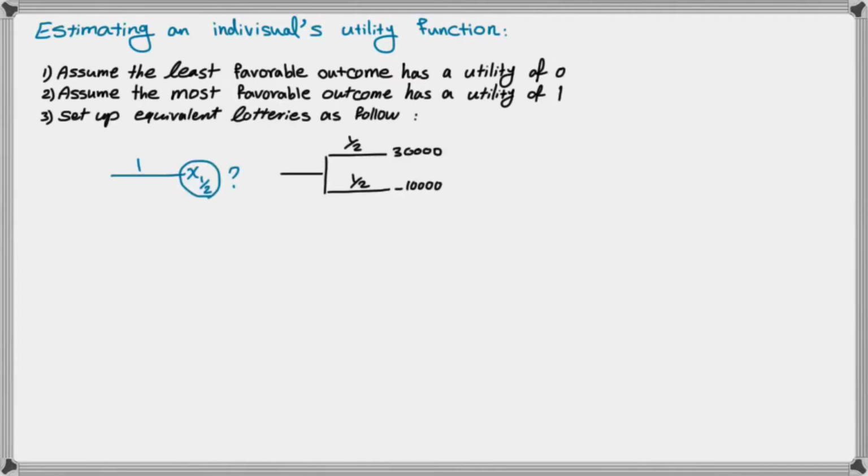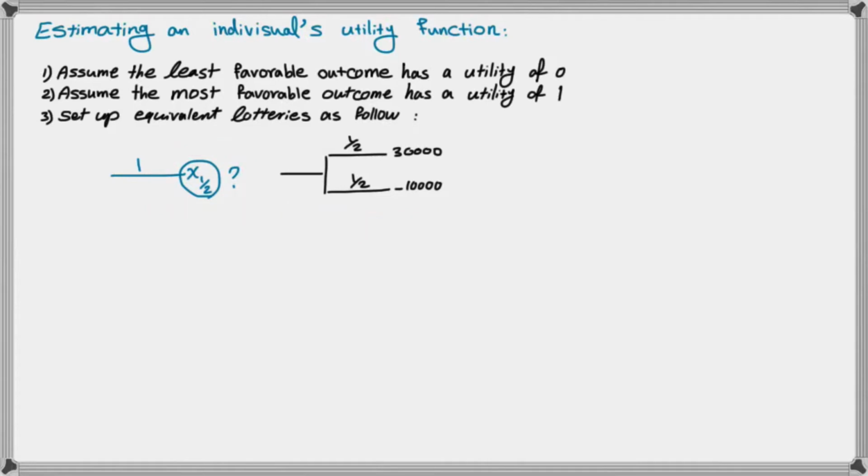In this case, given that we do have the best and the least reward that we can receive, we set up an equivalent lottery, where on one side you always use 1/2 and 1/2, basically a 50% chance of winning the most favorable reward, and a 50% chance of winning the least favorable reward. You have to find out what number here makes these two lotteries equivalent.